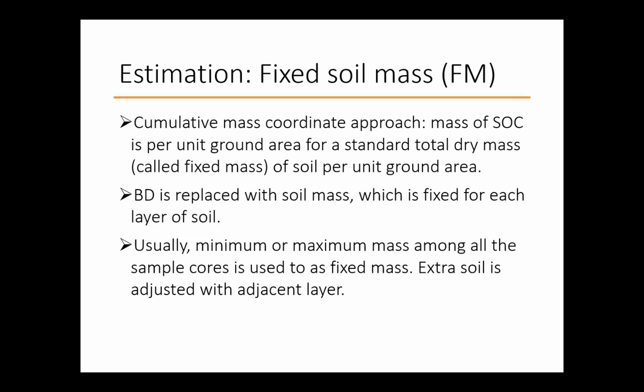If you are using the minimum, any extra soil you can adjust with the adjacent layer below it, or if you are short on soil mass, you can take some soil from the lower layer. You just fix the mass instead of fixing the depth.